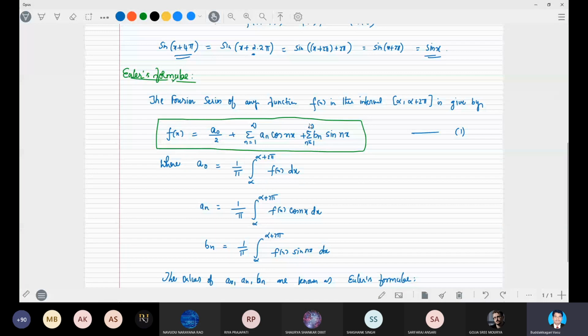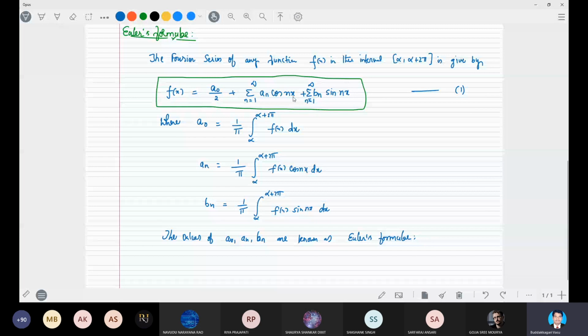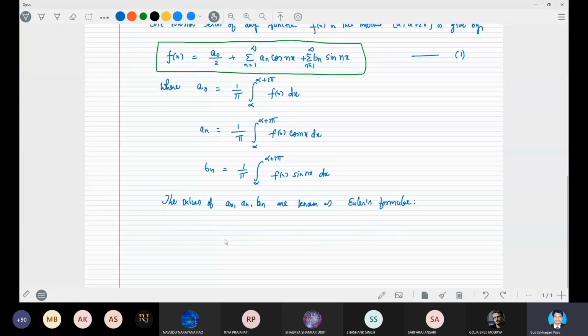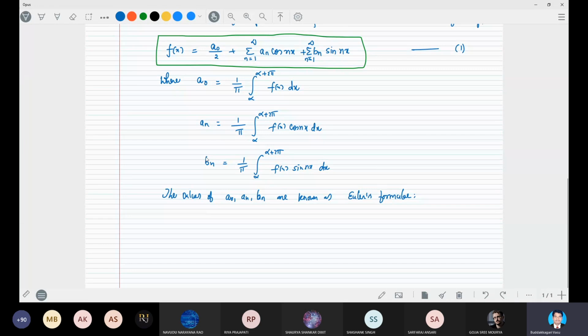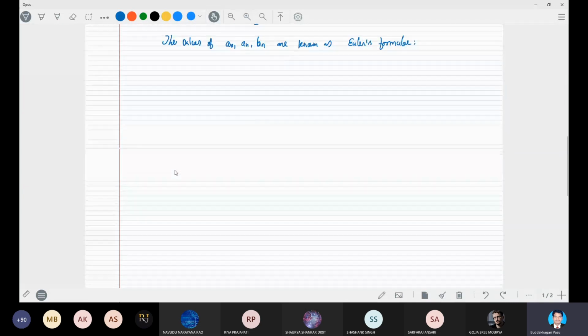They are given by 1 by pi integral from alpha to alpha plus 2 pi of f(x) dx, and so on. There is a proof of how we can get these. Usually we use the main integral properties for finding the coefficients.